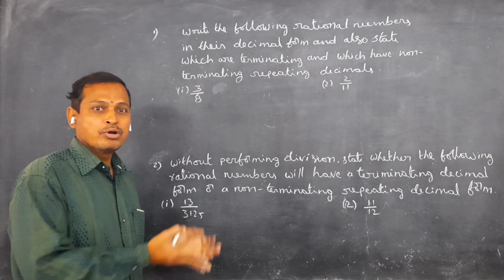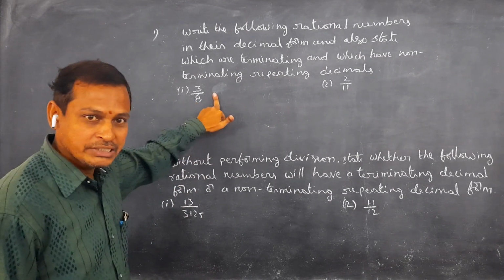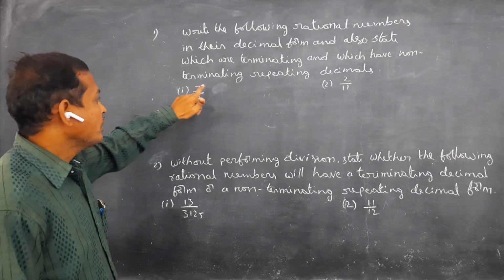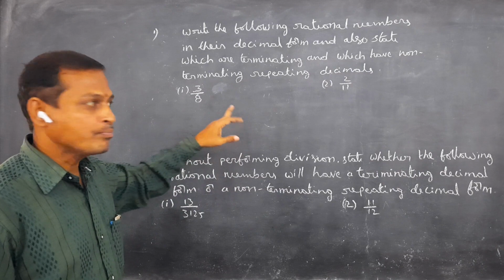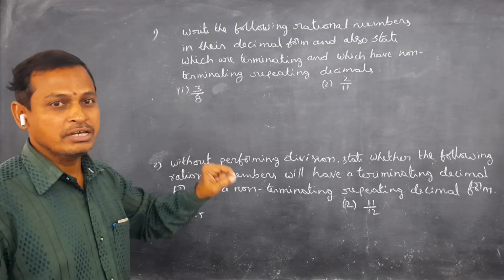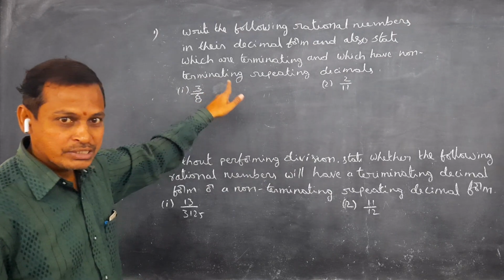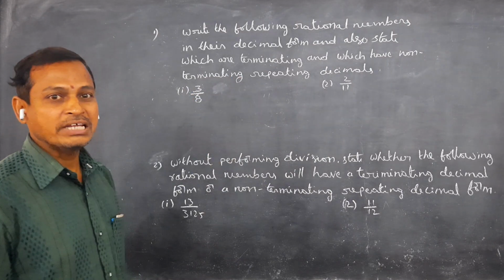This is a proper fraction. When the numerator is less than the denominator, it is called a proper fraction. Are you understood, children? So this is a proper fraction.